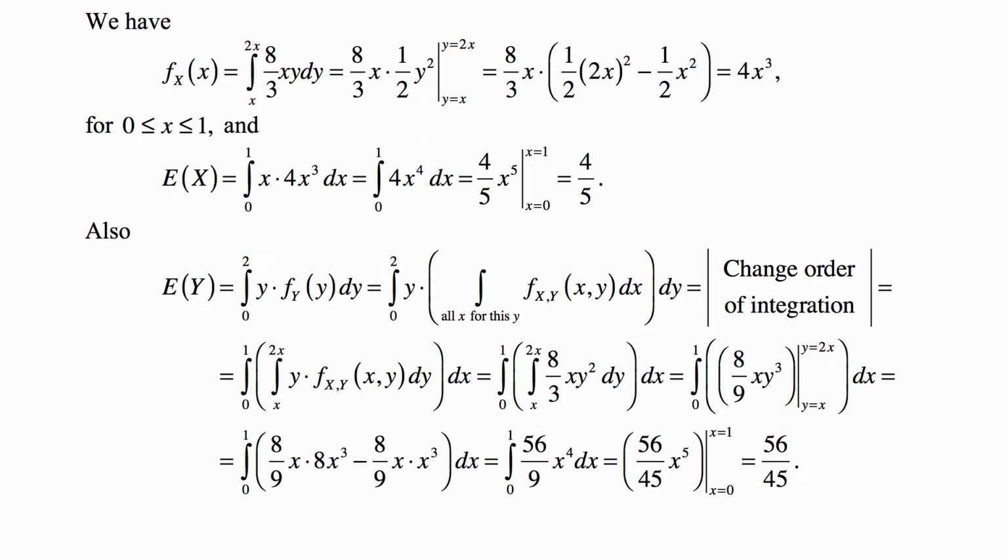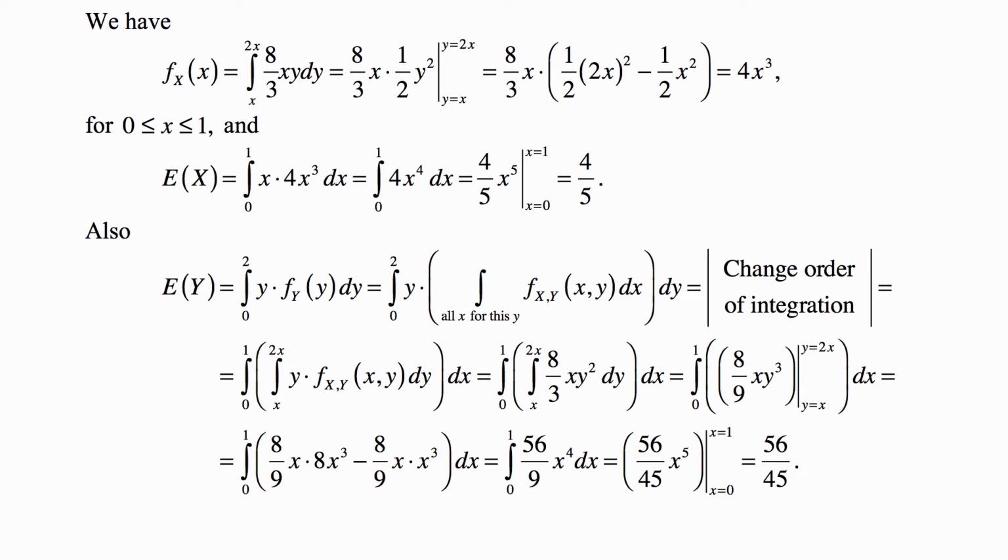For the expected value of y, we would evaluate the integral from 0 to 2, the possible range of values of y, of y times f sub y of y dy. Of course, f sub y of y is the integral over all possible values of x that correspond to a specific value of y of the joint density dx. So I just write it in there, and then we change the order of integration.